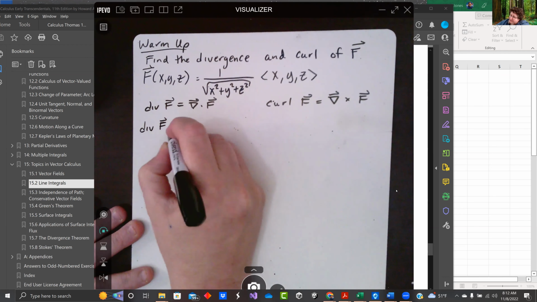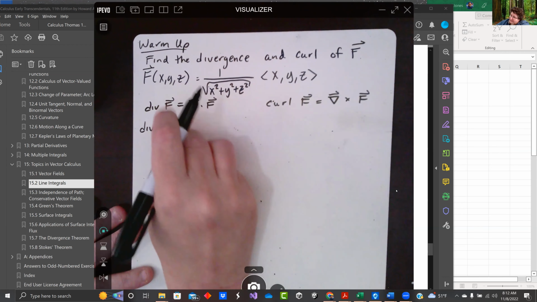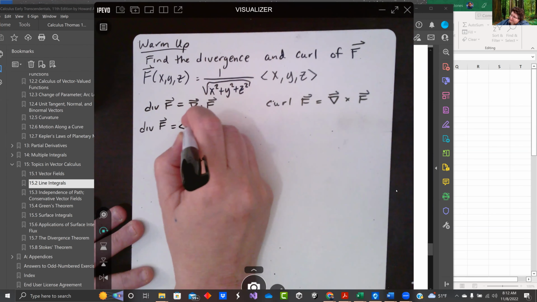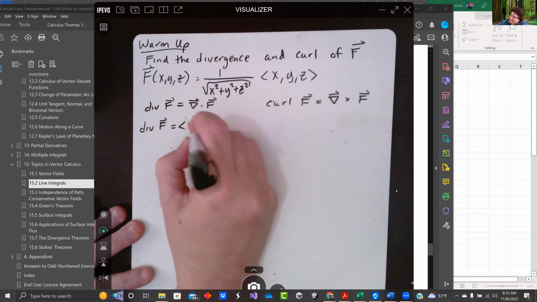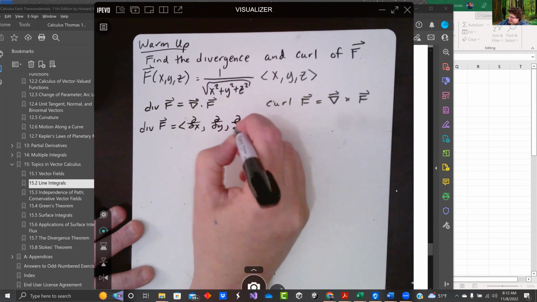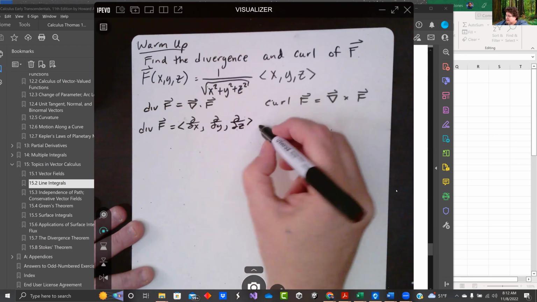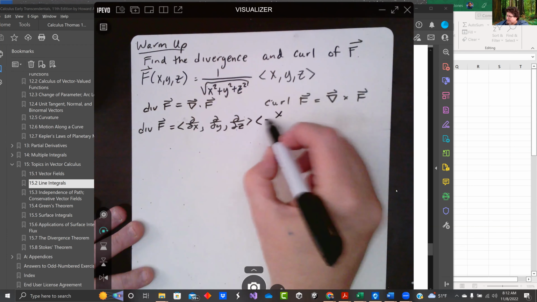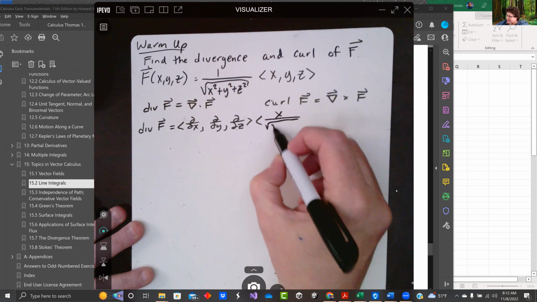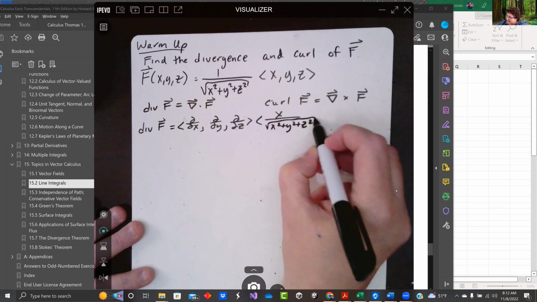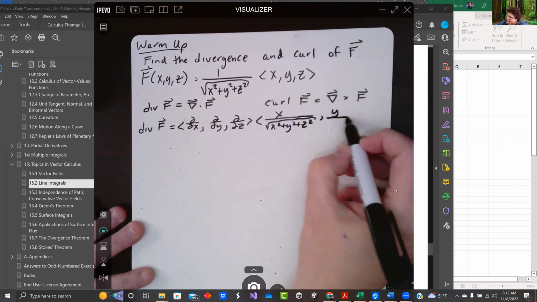So let's do our div f. We've got the nabla vector, ddx, ddy, ddz. And this is really x over the square root of x squared plus y squared plus z squared, right? Same thing with y.